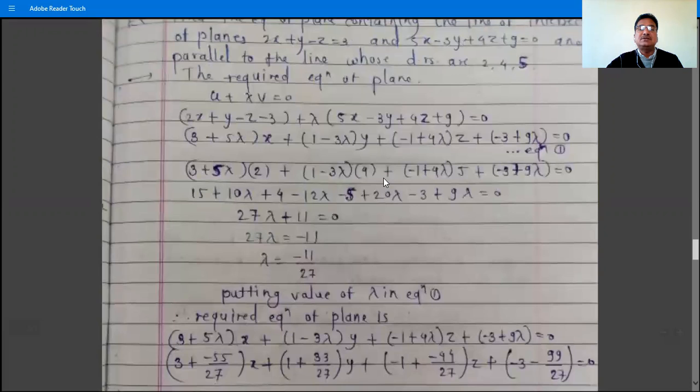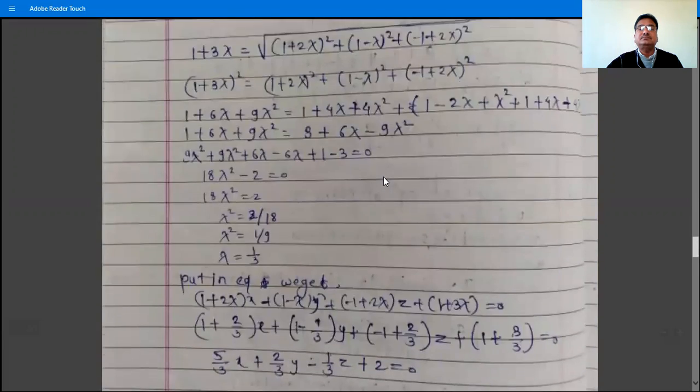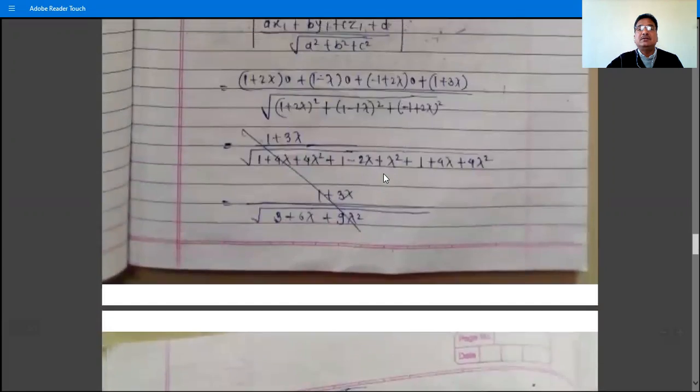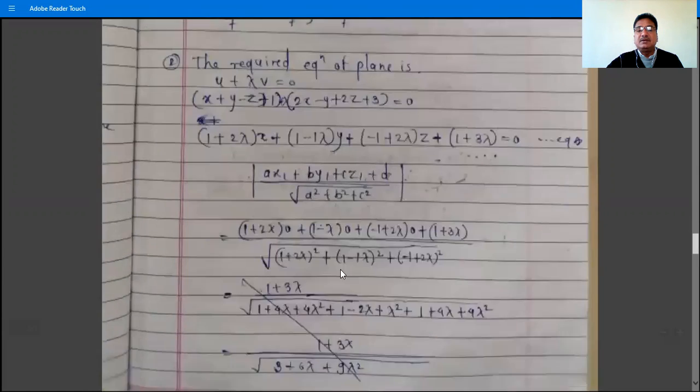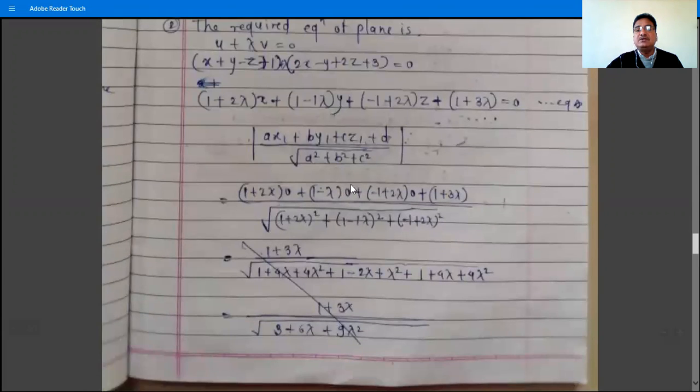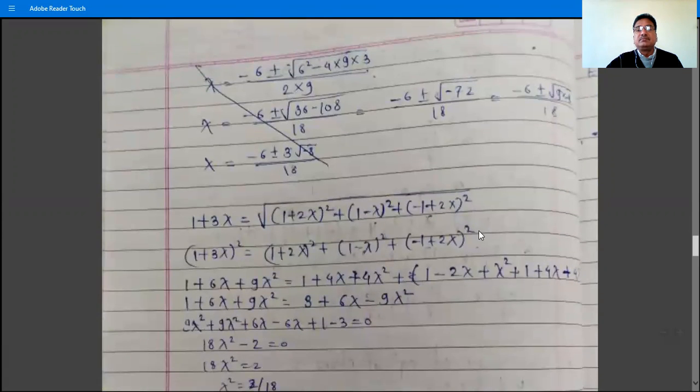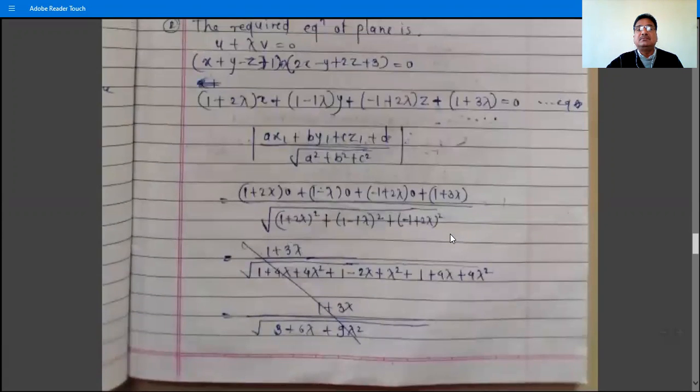So here, this is the distance of the origin from this plane, right? Here it is mod, don't write this equal to sign, mod is equal to 1, and then simplify it.